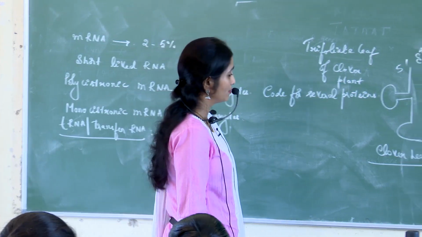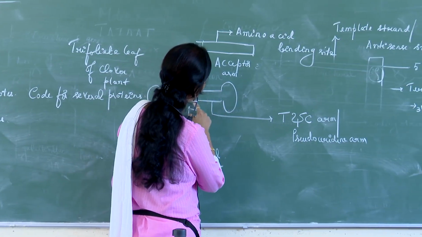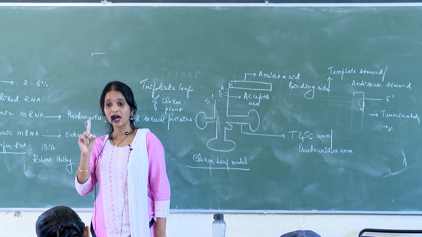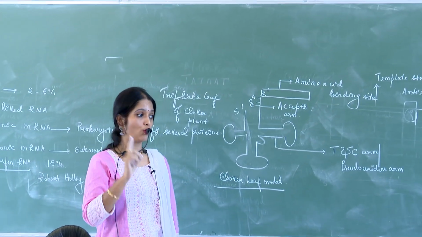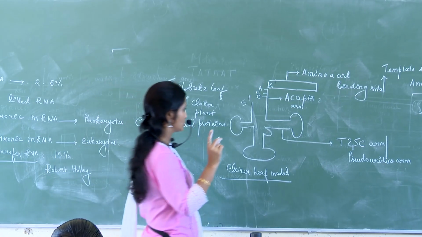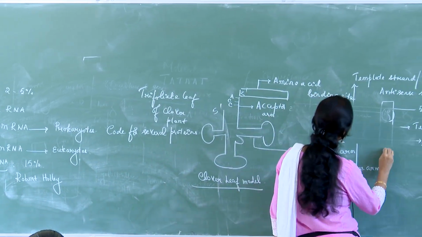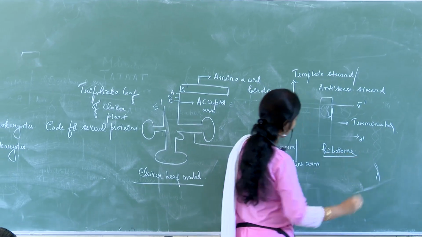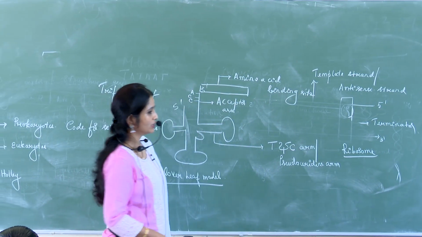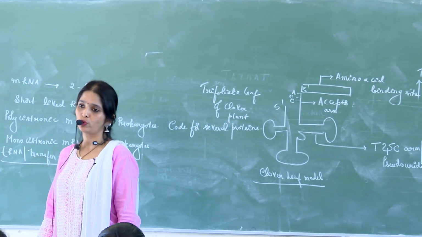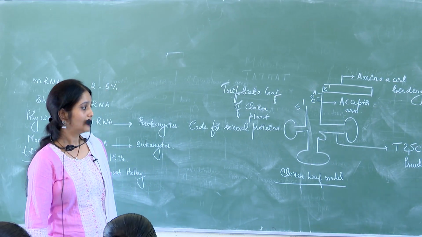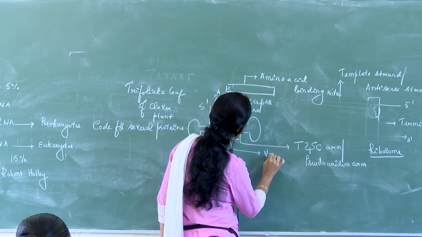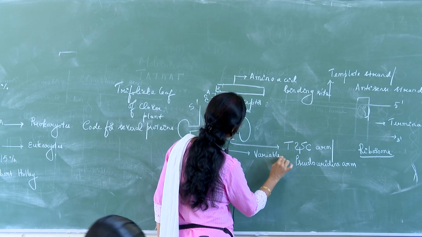Now this arm has got a stem and it also has got a loop, correct? And this arm binds to the ribosome during protein synthesis, right? Now the next arm, this third arm you can see, is known as the variable arm.